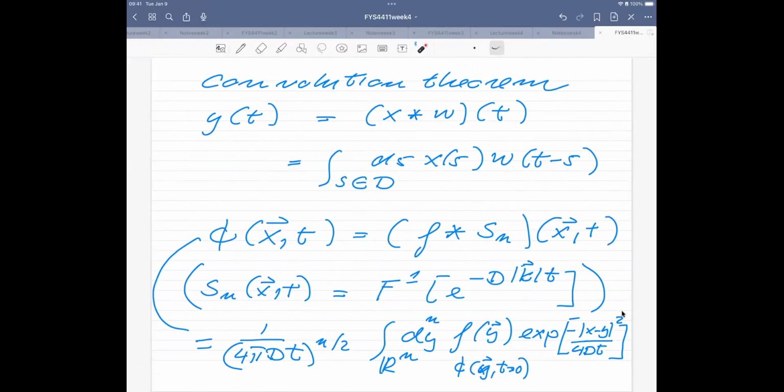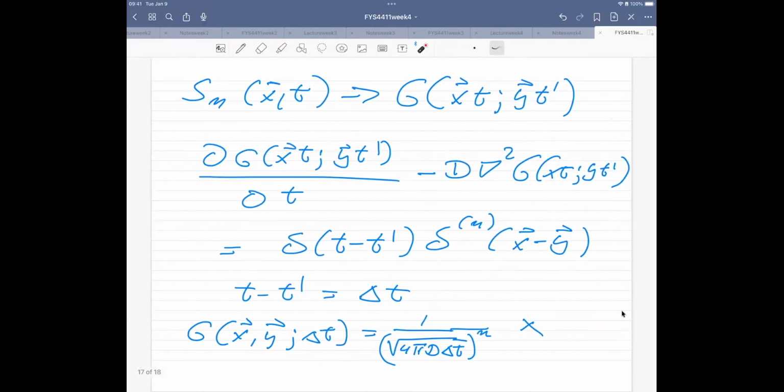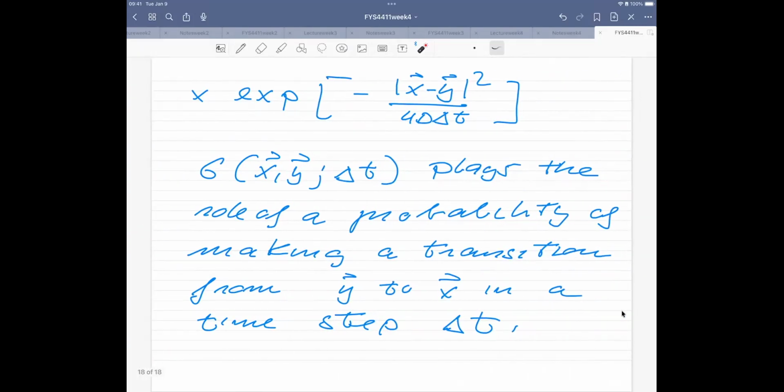Then we can show, if we rewrite using the convolution theorem, and I'm not giving you all the details, that this quantity, which can again be interpreted as a probability distribution, represents the probability of making a transition from y to x in a given time step.